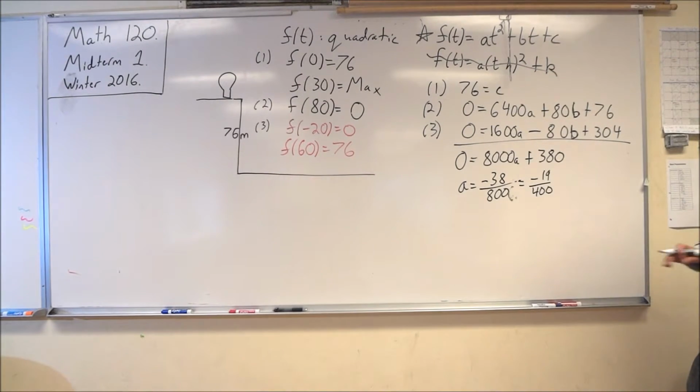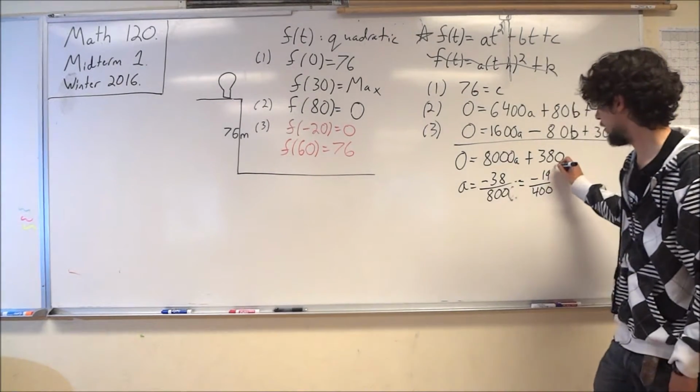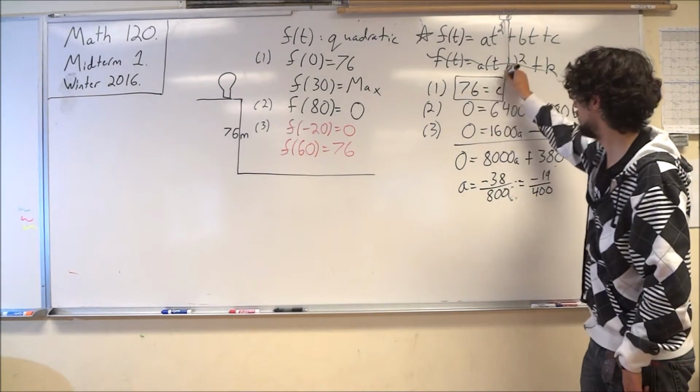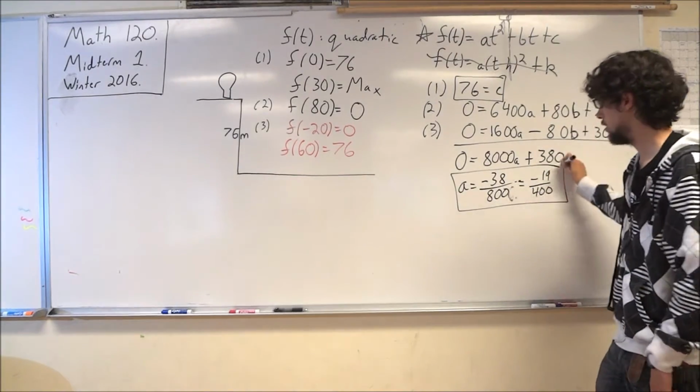And now I can solve for b by substituting it back into one of these. I'll substitute into this one. The numbers are a little bit smaller. And so I have now, here's c, and here is a.